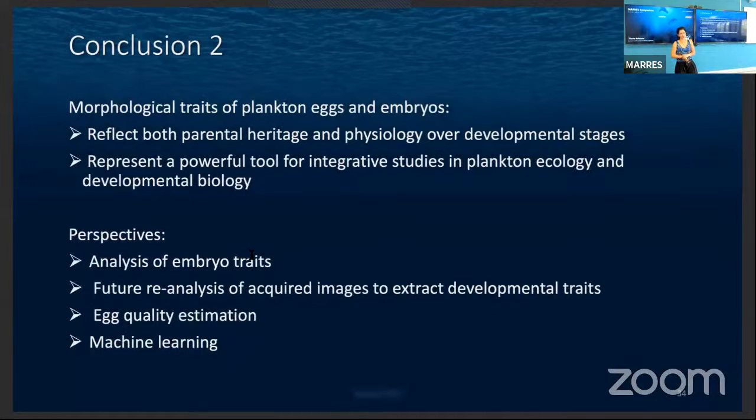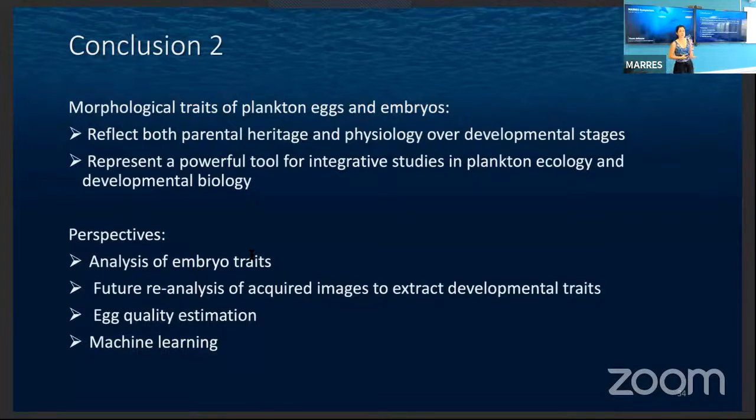Morphological traits reflect both parental heritage, like size and shape, and also physiology, with color and transparency, for example. It's a powerful tool for integrative studies, both in plankton ecology and developmental biology.